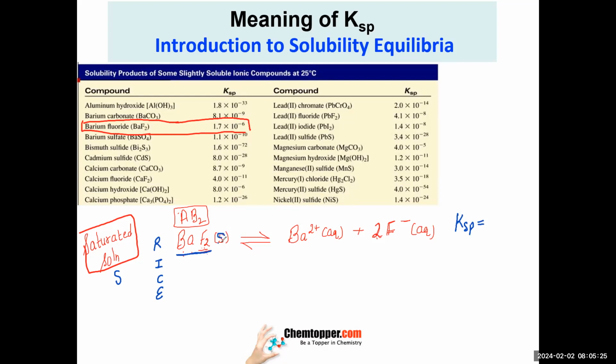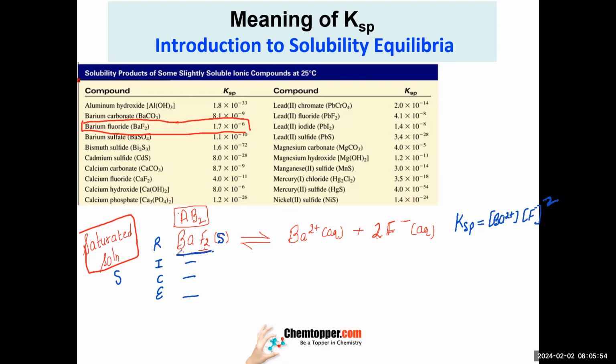Solid is not part of it, so only the products: concentration of Ba2+ raised to power 1 times concentration of F- raised to power 2. That is the Ksp expression. The solid is not there, so in the ICE table we need not worry about the solid, right?